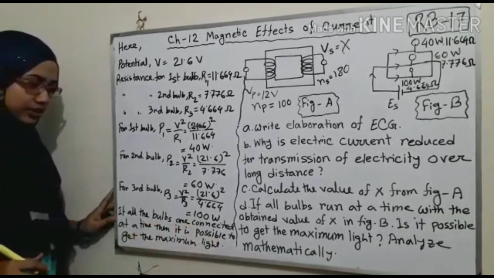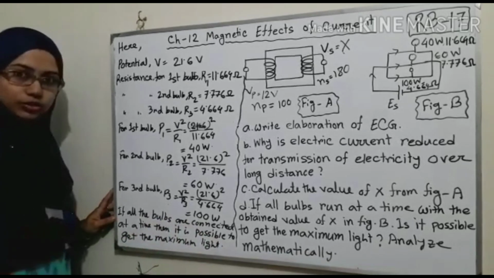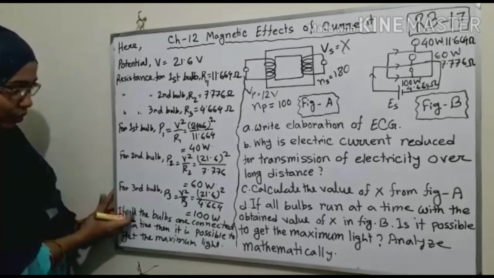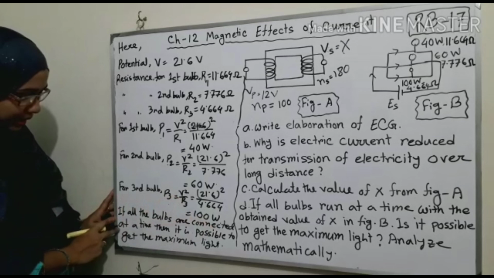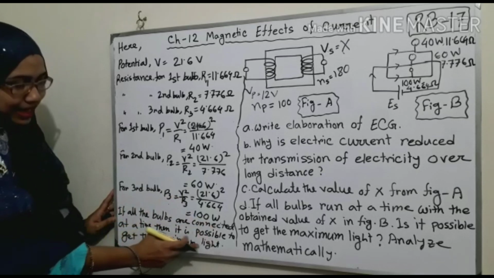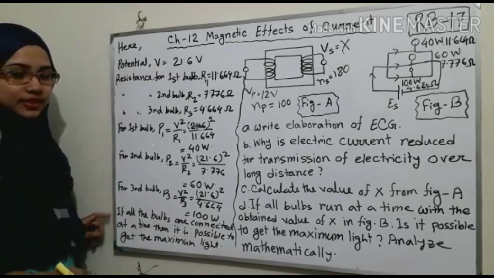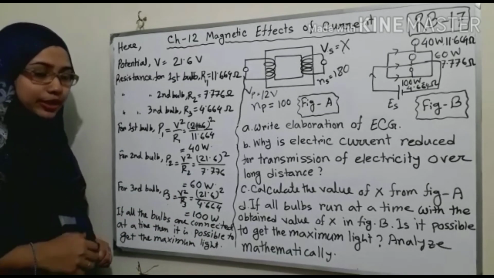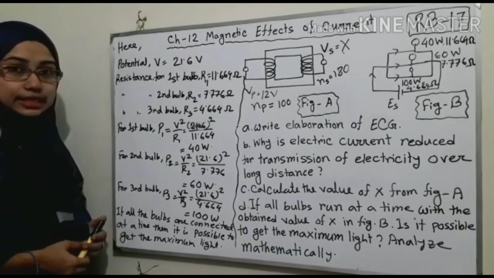The question is asking whether it is possible or not. So we are saying that yes, it is possible, but we have to write in that way. If all the bulbs are connected at a time, then it is possible to get the maximum light. So in this question we have to explain that it is possible or not, and we explain that yes, it is possible.